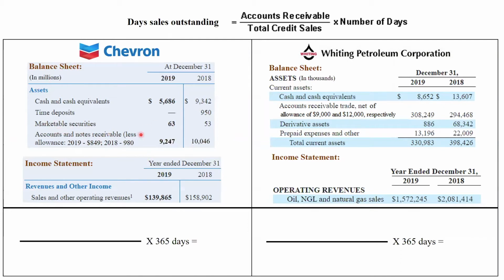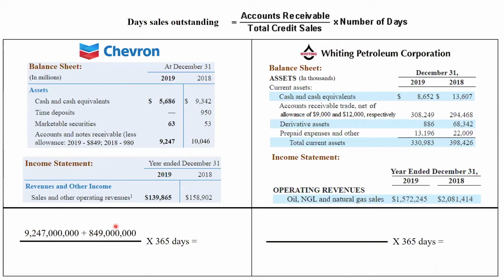So accounts receivable net was 9247 and the allowance was 849. So adding those two together, you get total accounts receivable gross. And I just wanted to show you the scale of Chevron, so I just added all of the zeros to the back end. So that's $9.2 billion of net accounts receivable and $849 million of the allowance.